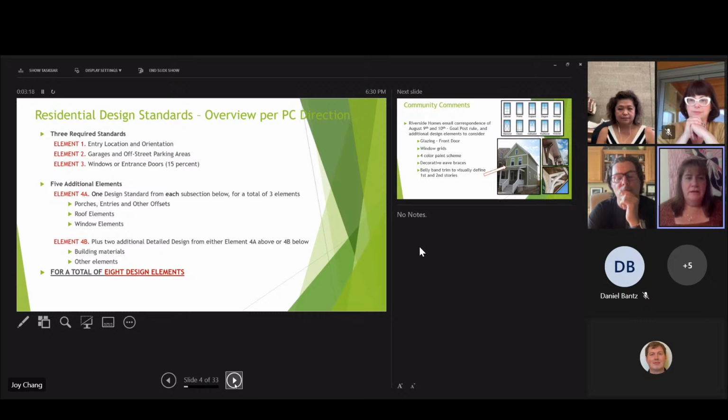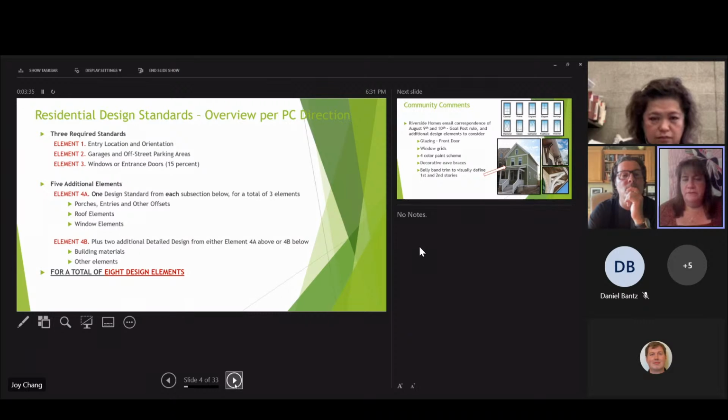So if a planning commissioner says, this offends me in a way that I think I can propose a solution that makes it more straightforward or adds something that I feel is important, this is an opportunity to revamp it, even to the point of saying, I don't think we need 5 elements.